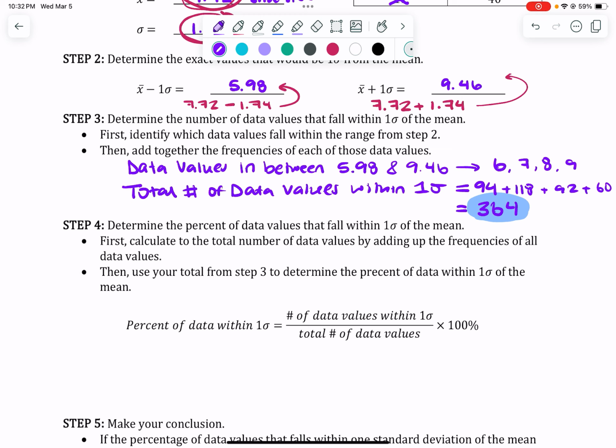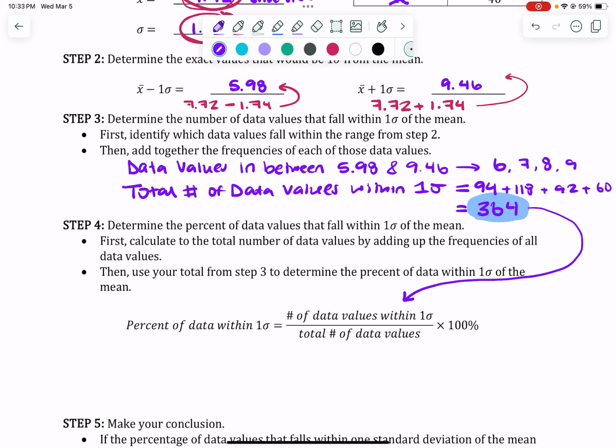Next, I need to figure out the percent of data that falls within one standard deviation. Now, this number that we just calculated is the numerator. It's the number of data values within that one standard deviation. How many students physically had a shoe size that was in between 5.98 and 9.46? That's my numerator. My denominator is the total number of students that were involved at all.